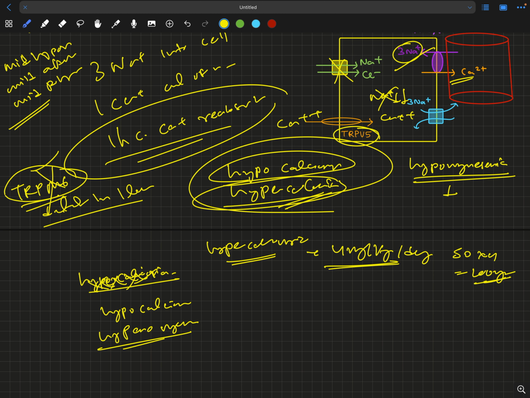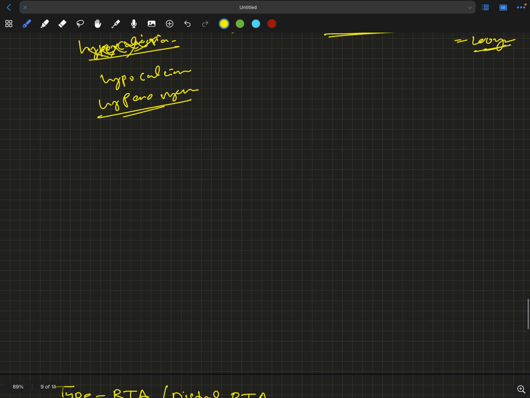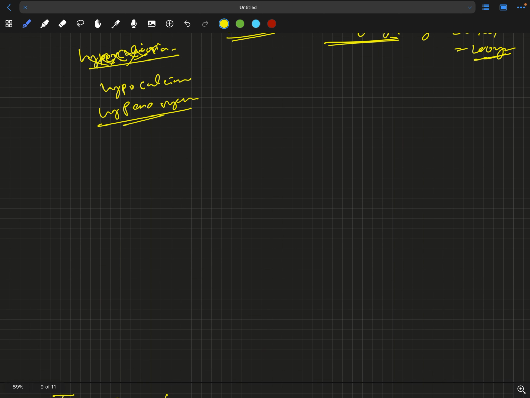Okay, so now let's discuss Bartter and Gitelman in more detail. Here is Bartter, here is Gitelman. The defect is in the sodium potassium dichloride cotransporter in the thick ascending loop. Here it is the sodium chloride importer in the DCT.